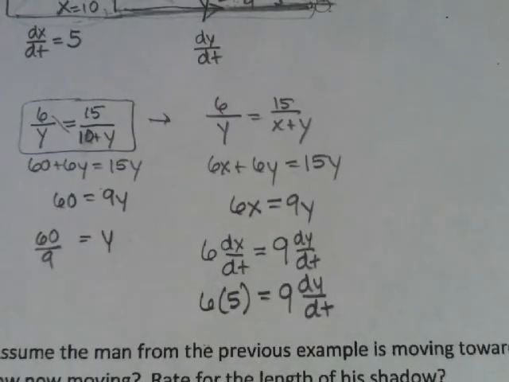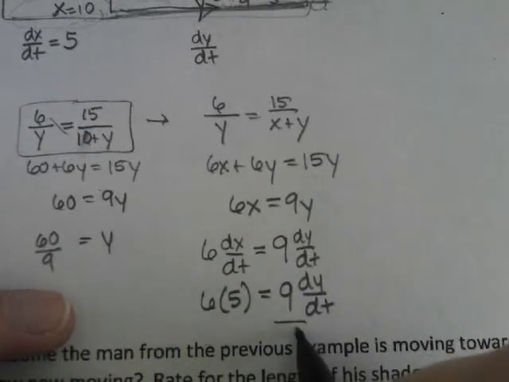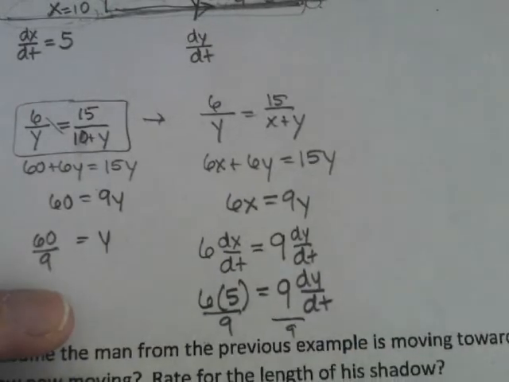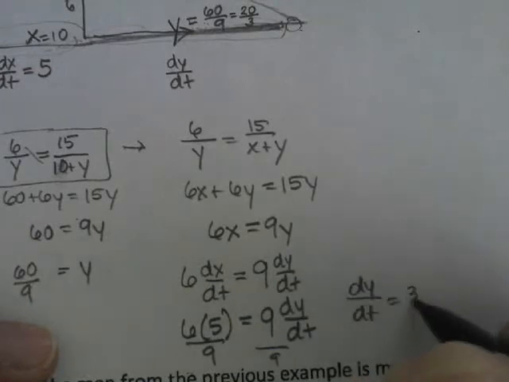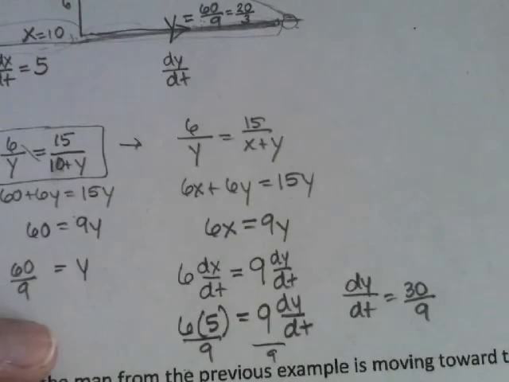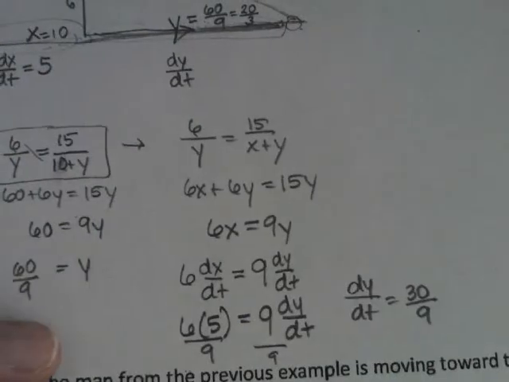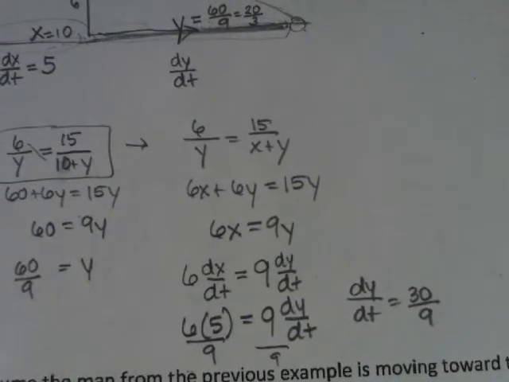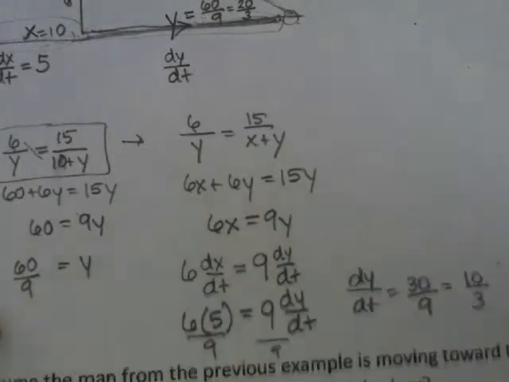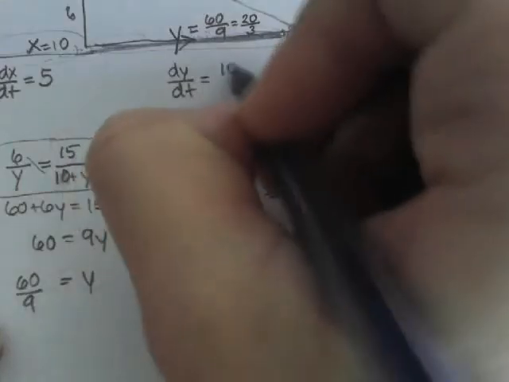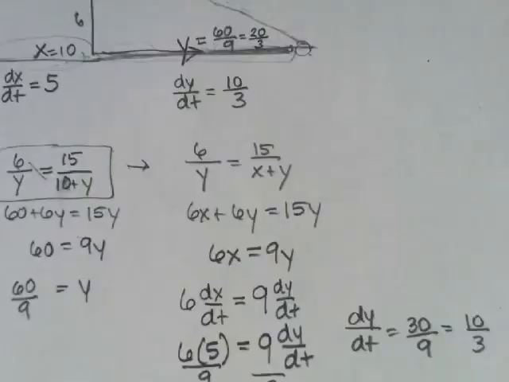Divide both sides by 9, and we get dy/dt equals 30 over 9. So reduce by 3, 10/3. What are we, feet? So everything's feet per second.